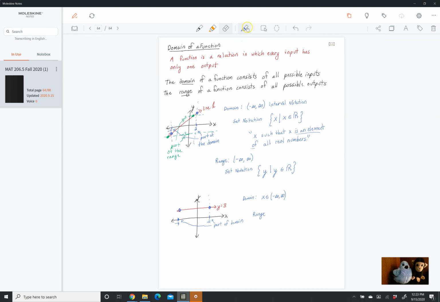So let's take a y value. Let's take y equals -5. Well, if we draw a horizontal line through -5, we actually never hit the graph. This is not part of the range. Okay, the horizontal line never hits the graph.